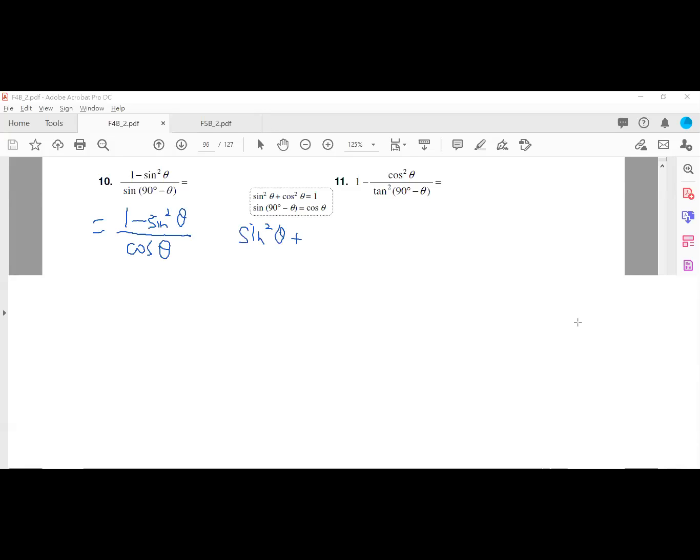plus cosine square theta is equal to 1。呢條我係點樣去用？你見唔見到 sin 二次加埋 cosine 二次，永遠都等於1？但係如果你有一個係 cosine square theta，即係佢哋兩個加埋等於1嘅話，其中一個就會等於1減另外一個。So cosine square theta will be equal to 1 minus sine square theta.